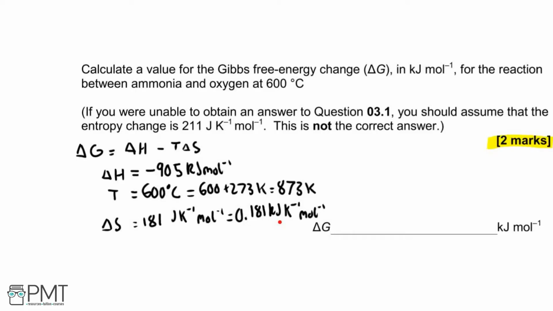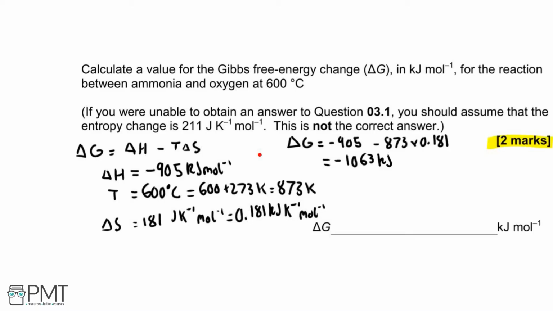We can substitute these numbers into our equation, which gets us delta G is equal to minus 905 minus 873 multiplied by 0.181.